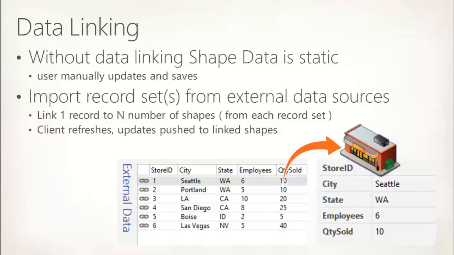So some things to keep in mind as I go through the demonstration are the number of data sources that I'm working with and how I'm linking those records to shapes. A lot of people going through the data linking process for the first couple of times run the wizard, pick SharePoint list, let's say, get the data in, link a record to a shape, and think, okay, I guess I've got my shape linked, I've got a data source in my diagram, and that's all I can accomplish with this data linking content.